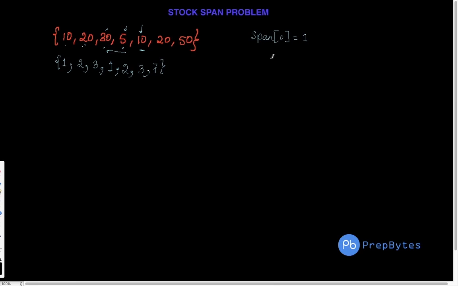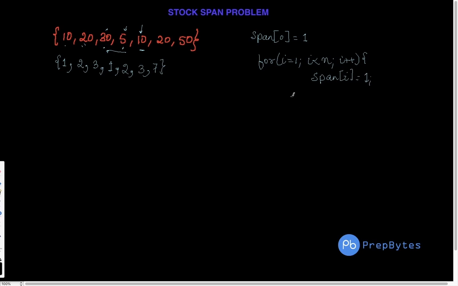Then we'll run a loop from i equal to 1 to n minus 1. For every i, or for every day, we'll initialize the span with 1, because 1 is going to be there by default irrespective of whether there's any consecutive day with less value or not.